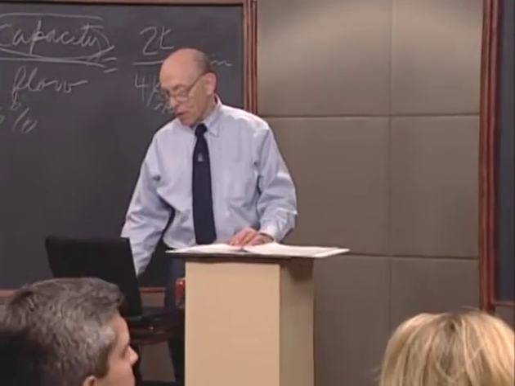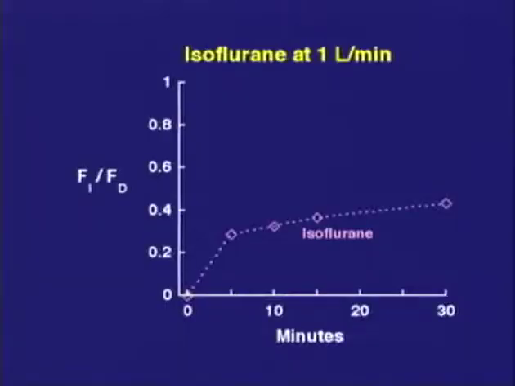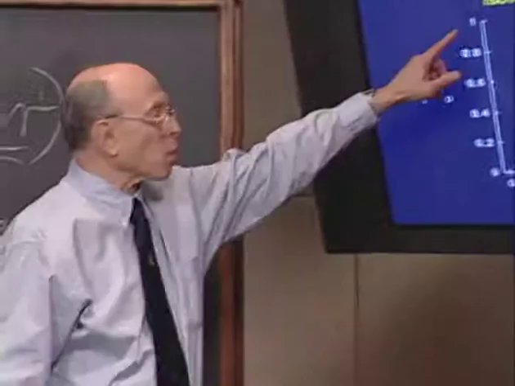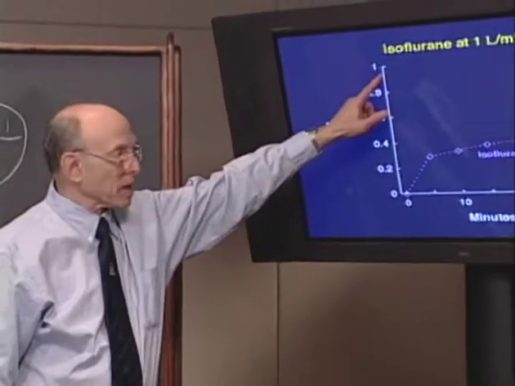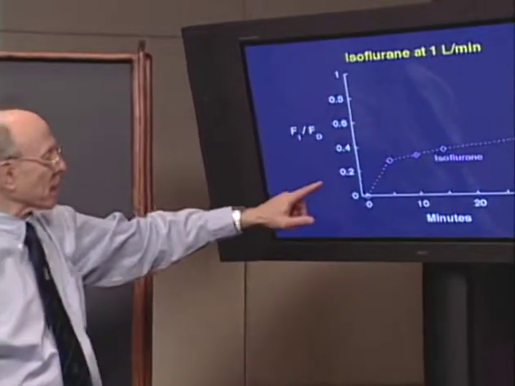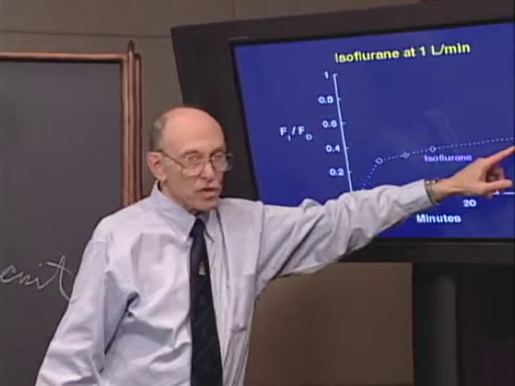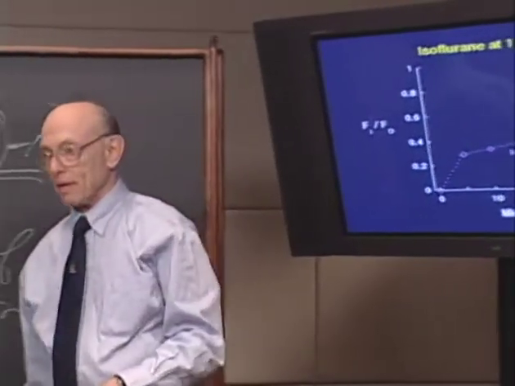In fact, we could plot the whole curve. There's the inspired relative to the delivered, at several points in time. So the delivered concentration is 1, that is 1.5% in fact, and as a percentage of that, the inspired concentration is only 40% of that.